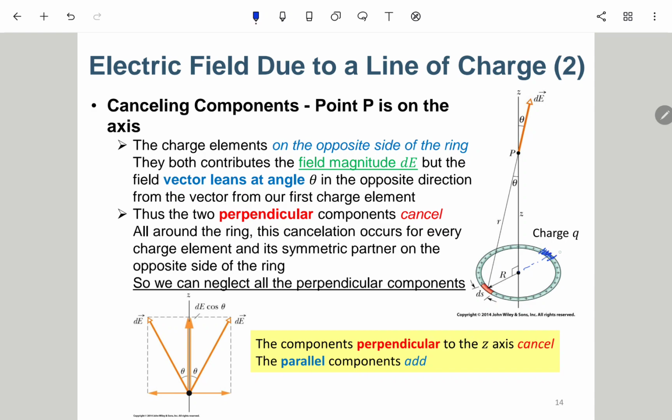You can consider this is also another ds. Of course, this is not really the same, but you can consider it. We can always find the symmetrical part. So in that case, this ds will generate a dE somehow pointing to this side.